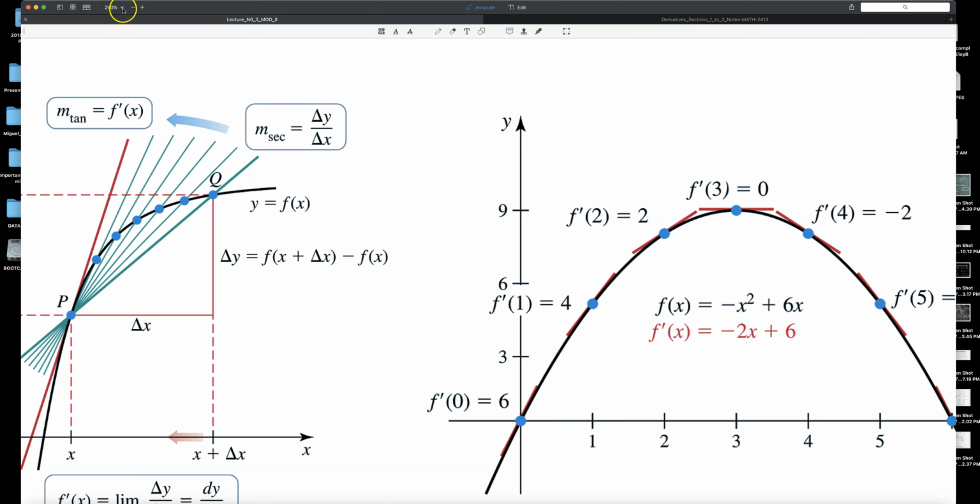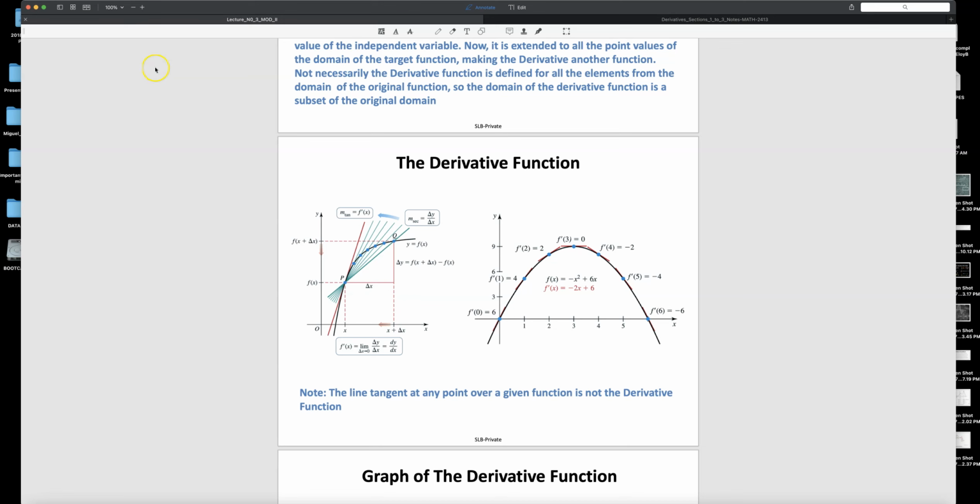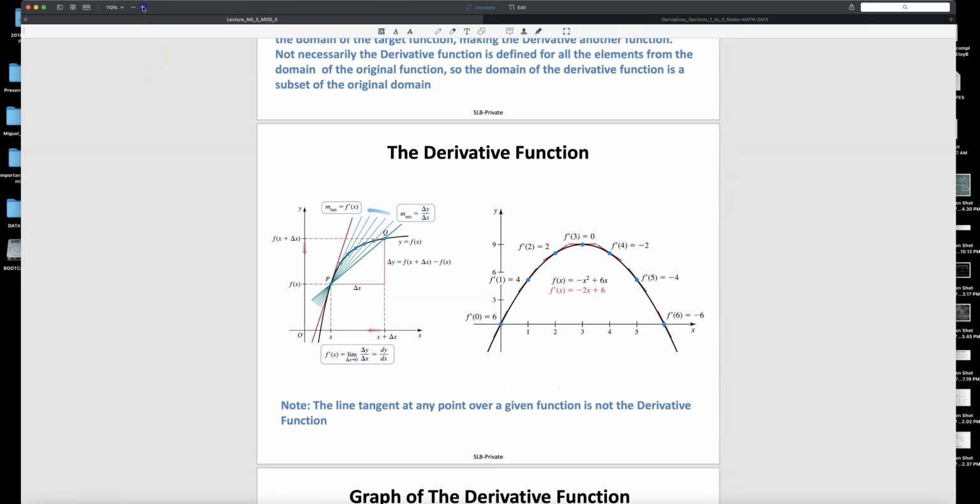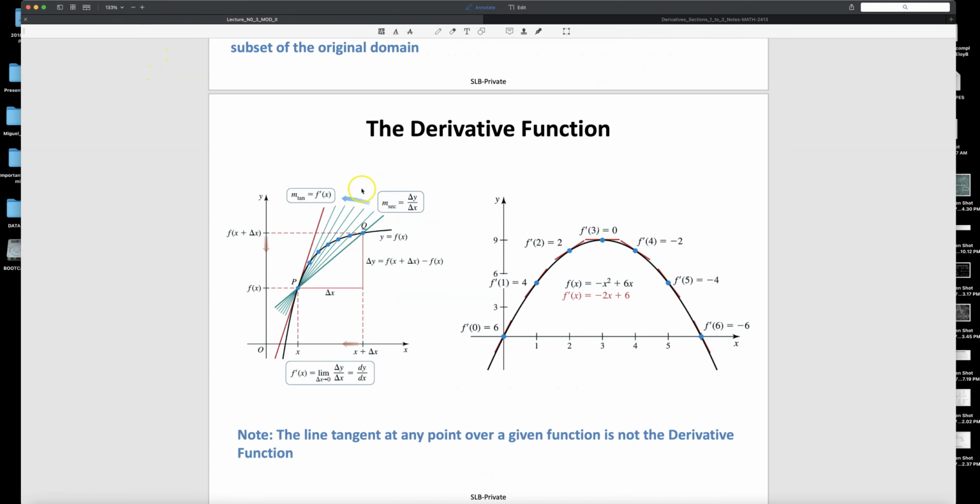Okay, so let me go again to 100. Well, probably 100 is too small. And this is the derivative function. It's basically to compute the instantaneous rate of change of the original function at every point of the domain.